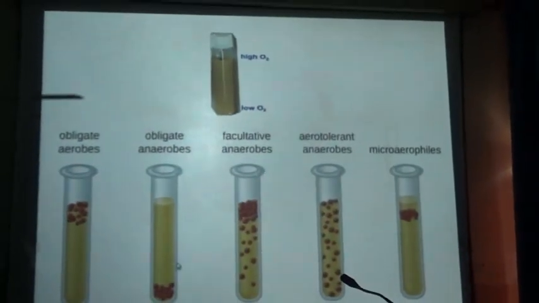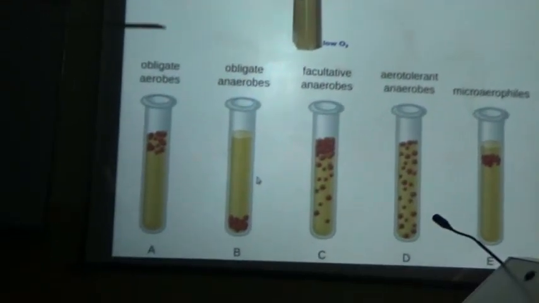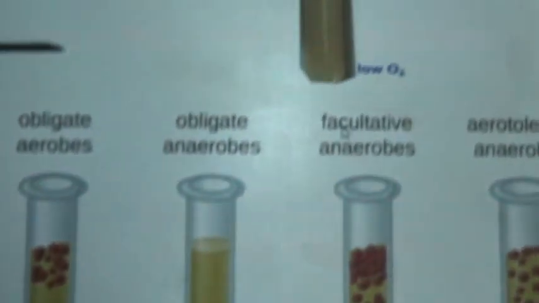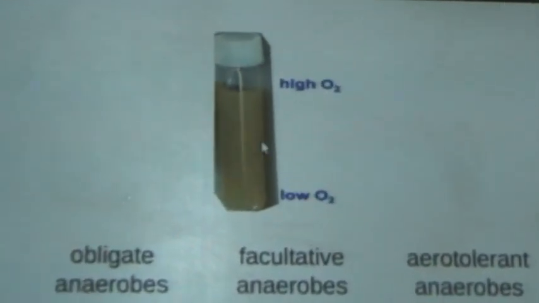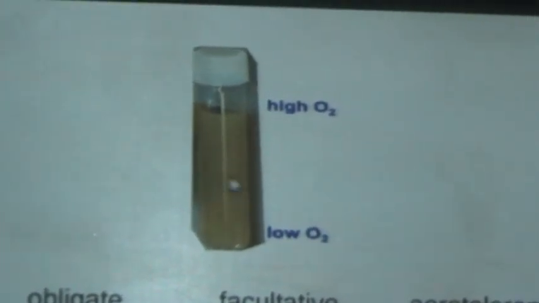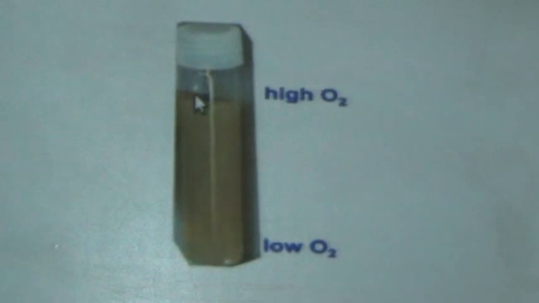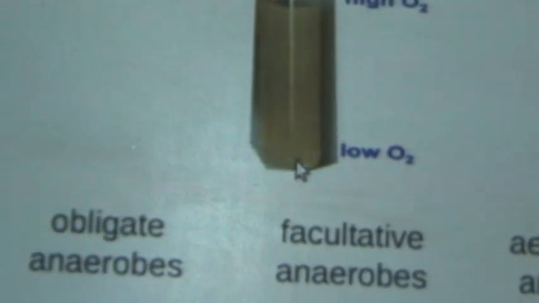This picture shows how various types of bacteria grow. We have taken here a deep stab culture. This is the tube which contains nutrient agar, and we stab it deeply with the bacteria down to this part.